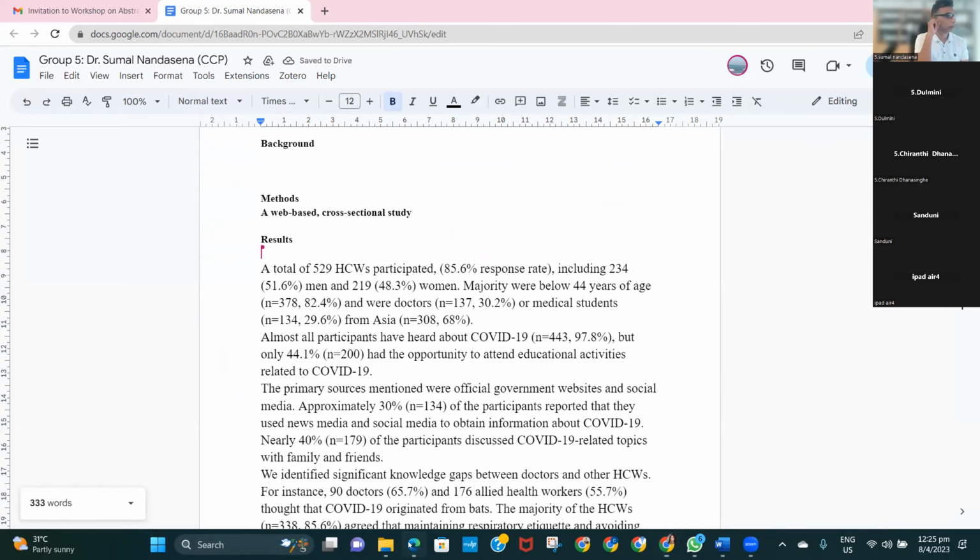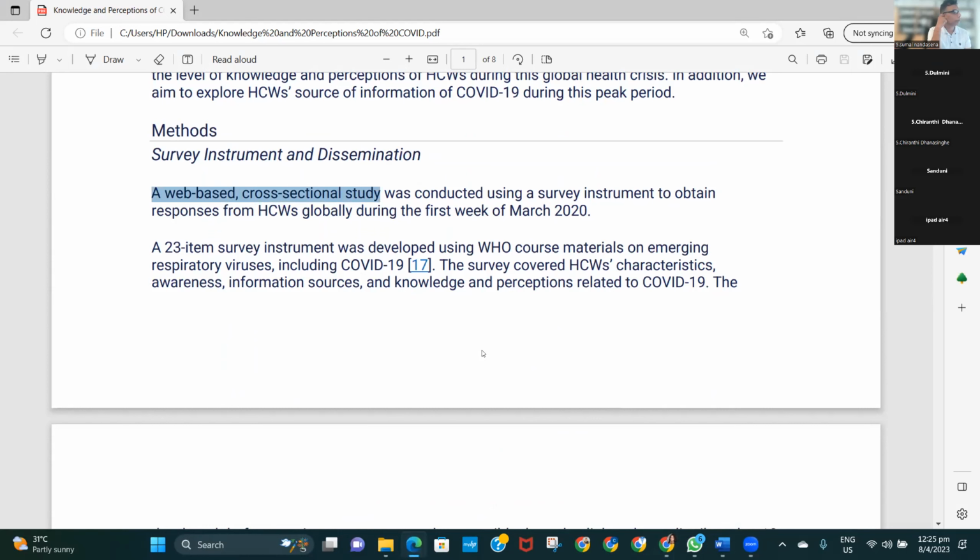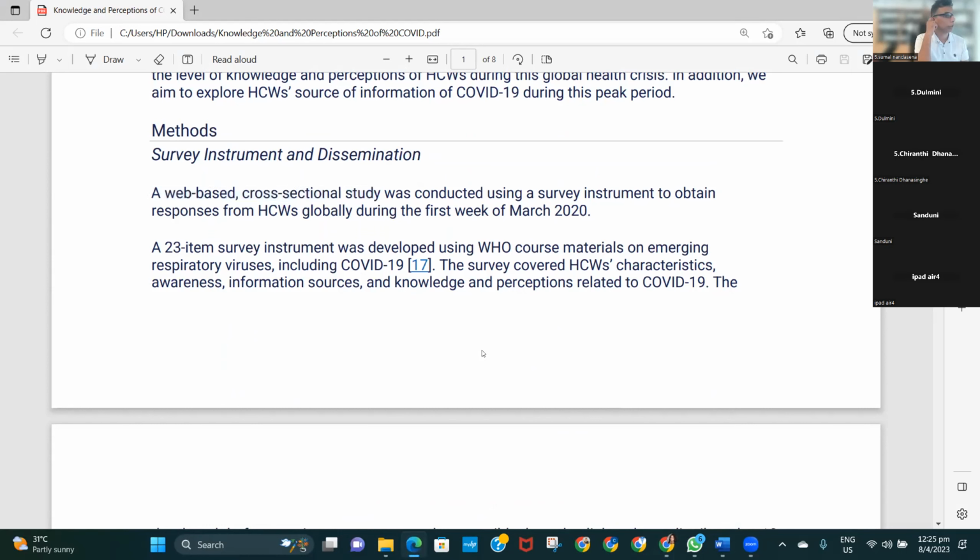Go back again. So we try to identify the key components mentioned there, and where they have done the study. It's a web-based study, so it's mentioned there to obtain responses from healthcare workers. And they have collected data globally, and the time is also mentioned.